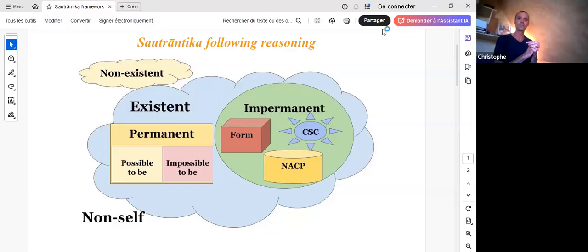So existent is defined as I already sent on WhatsApp, the file, so you can double check with those definitions. Okay, so the definition of existent is observed by a valid cognition.